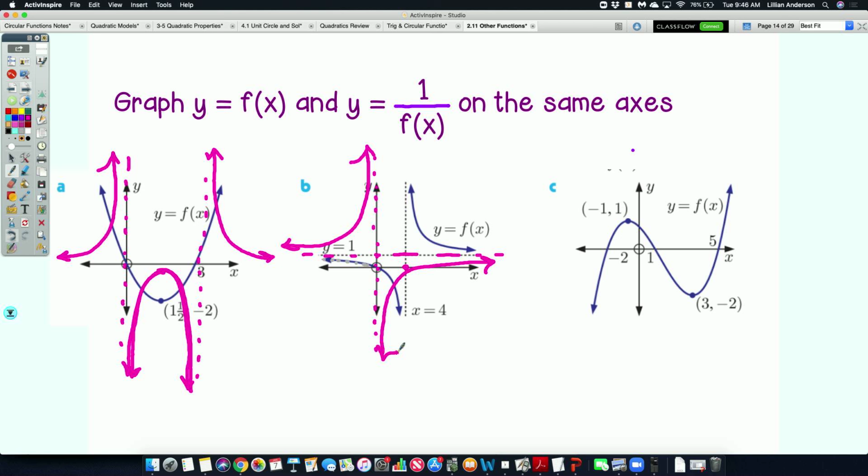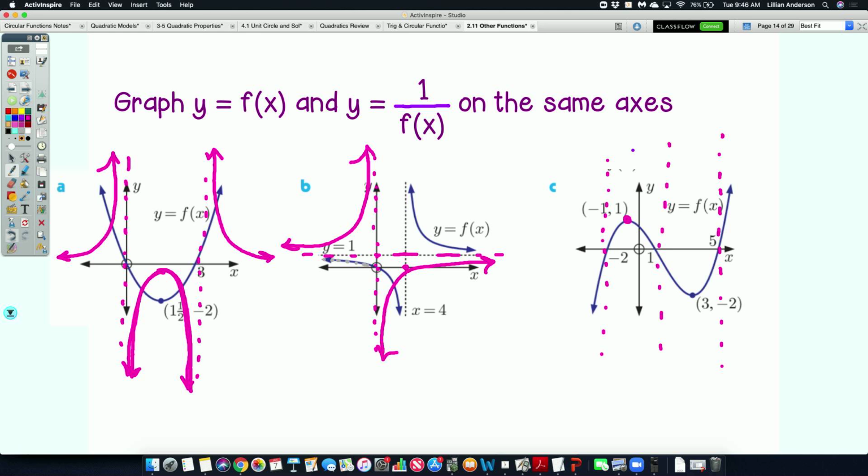Let's do this last one. I have 3 x-intercepts, so I should have 3 vertical asymptotes. I have a maxima here, so I need to have a what on my reciprocal function? Is this location going to change, or is it still going to be at (-1, 1)?